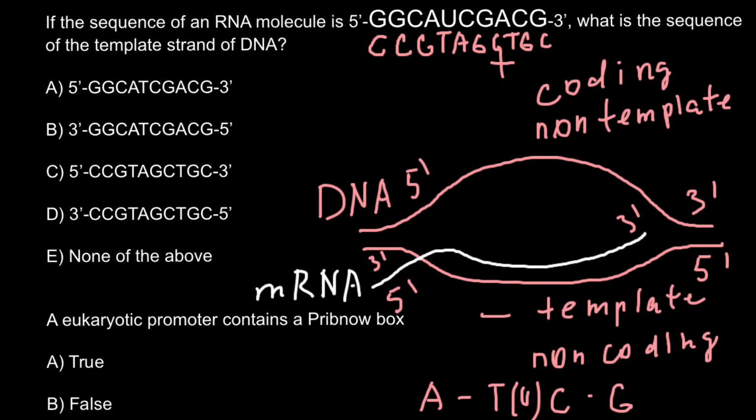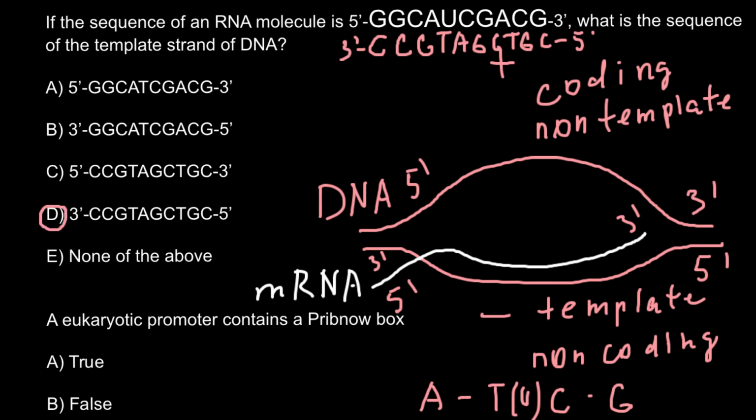So now we can assign prime ends here. So this is going to be the 3' end here and 5' end here, because we have the template strand of the DNA. So if we have the 5' end here on the messenger RNA, we would have the 3' end here, and the 3' end here on the DNA strand, and the 5' end here on the messenger RNA strand. So here is our sequence, and as you see now, the correct answer would be answer D.